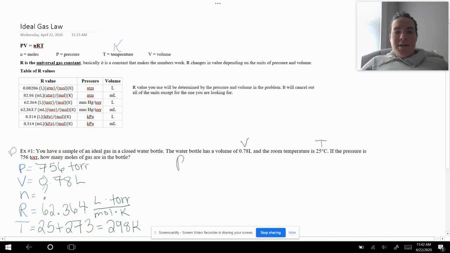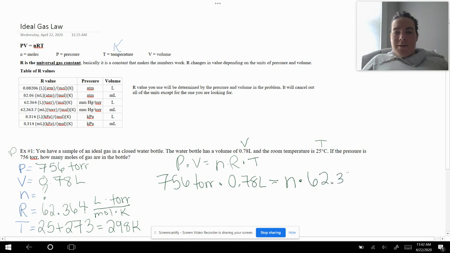Okay, so our equation is P times V equals n times R times T. We plug in our numbers. So we've got 756 torr times 0.78 liters equals n, which we don't know, so we're just going to leave that as n, times 62.364 liter torr over mole Kelvin times 298 Kelvin.